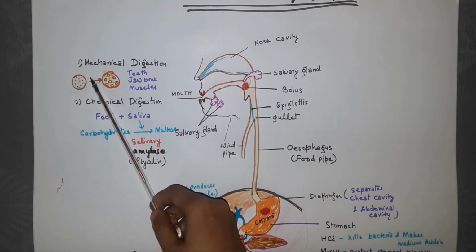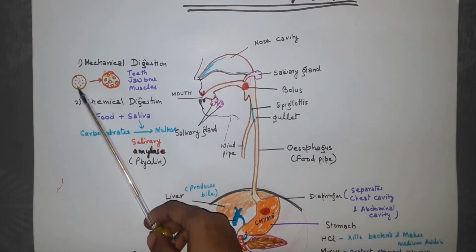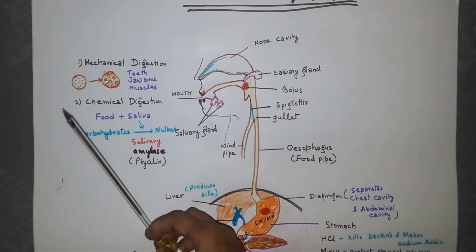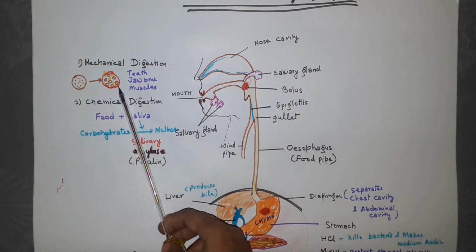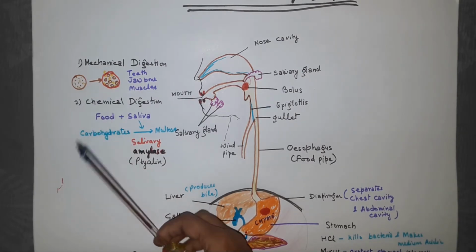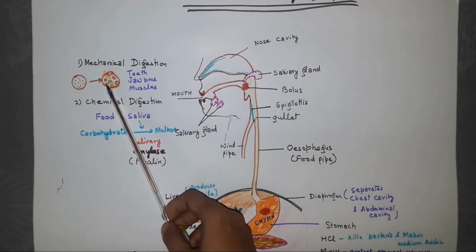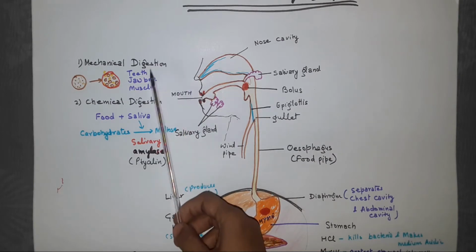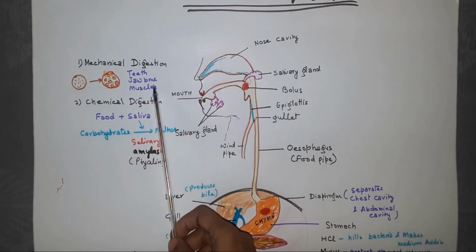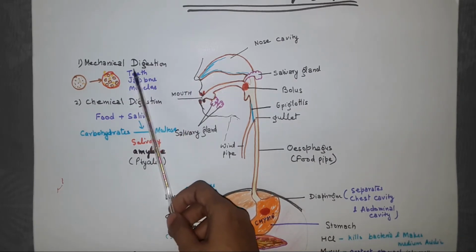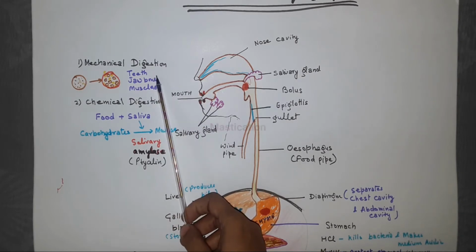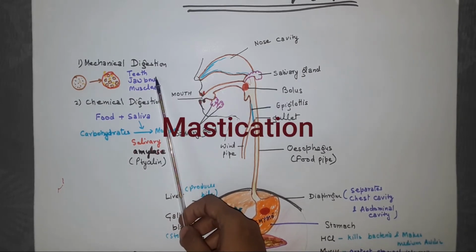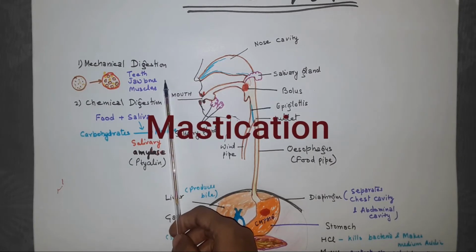The food you have taken, like chapatis, vegetables, pulses, cereals, rice and salad, is chewed when we take a bite. This chewing with the help of teeth, jawbone and muscles is called mechanical digestion, also known as mastication.